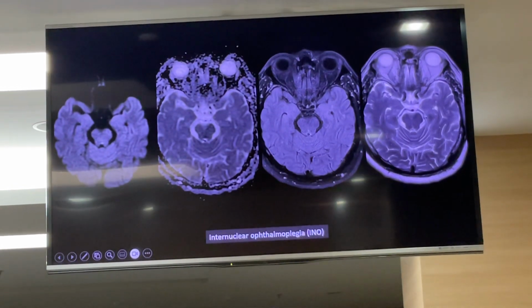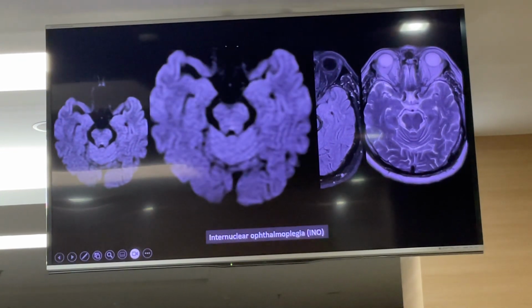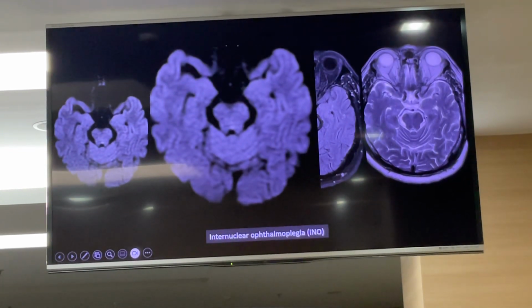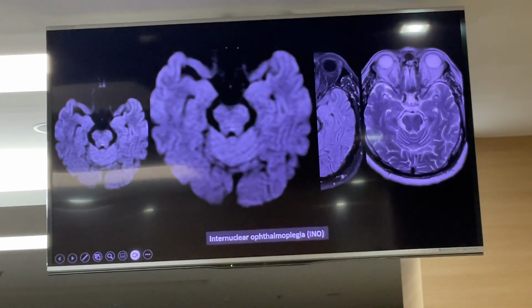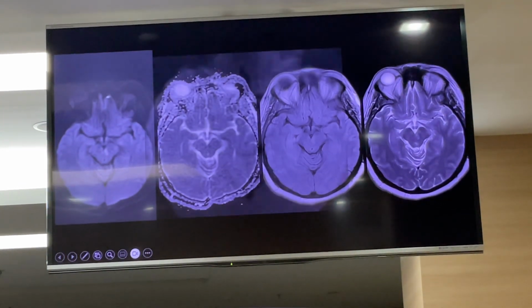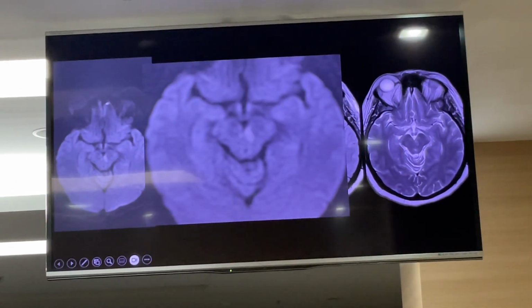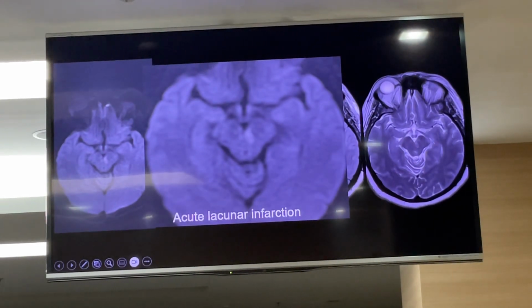So this is a true lesion. It is internuclear ophthalmoplegia. If you look at the image closely, this true lesion is sort of asymmetrical DWI hyperintensity. Okay, this lesion is more obvious. You can see restricted diffusion at the left side of the interpeduncular area. So this is acute infarction.